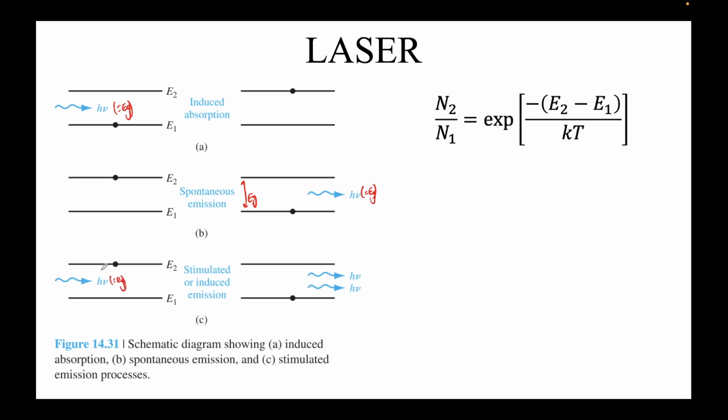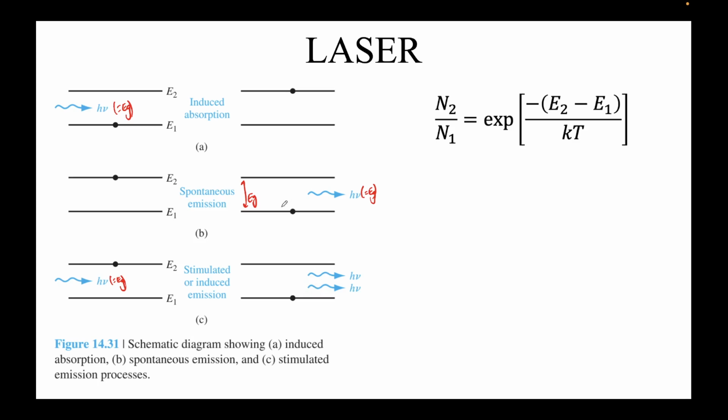This will act as a catalyst, and the particle sitting in E2 will drop to E1. You have the original photon that is coming and another photon h nu, and you can clearly see they have the same frequency, but they're also coherent. This happens only in stimulated emission, not in spontaneous emission.